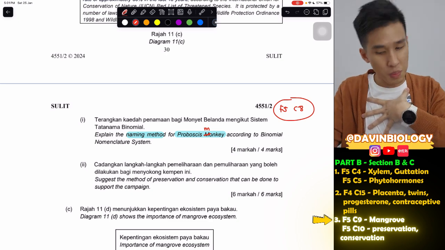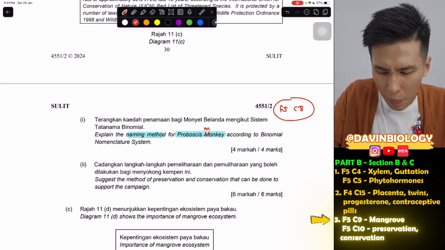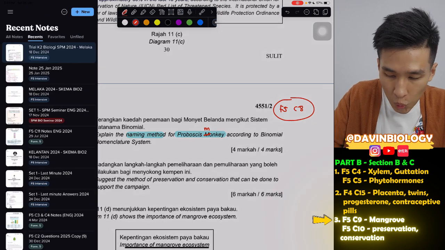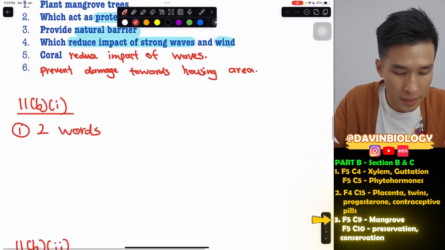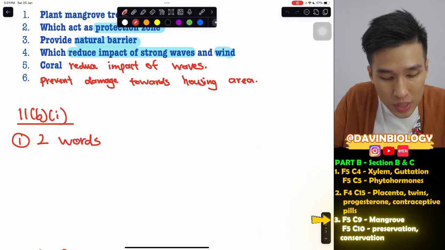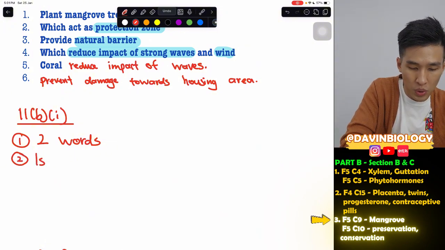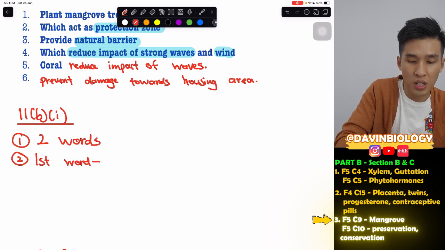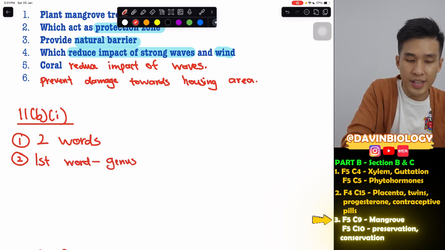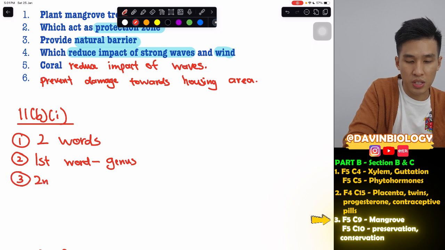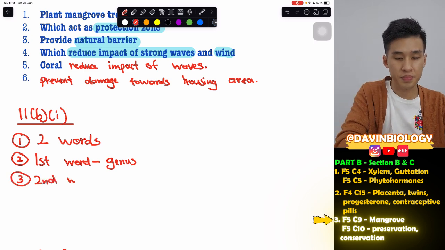Humans are called Homo sapiens. So this monkey is called proboscis monkey. So how to explain? Number one, it consists of two words. Now, where do these two words come from? The first word comes from the genus. Second word is the species. So that's the 2 marks already.